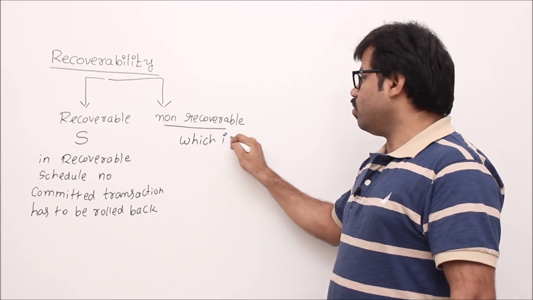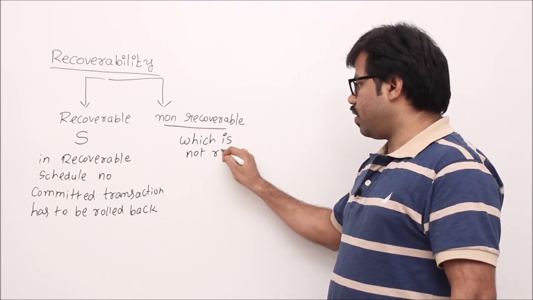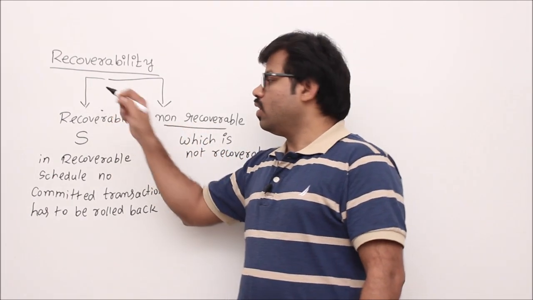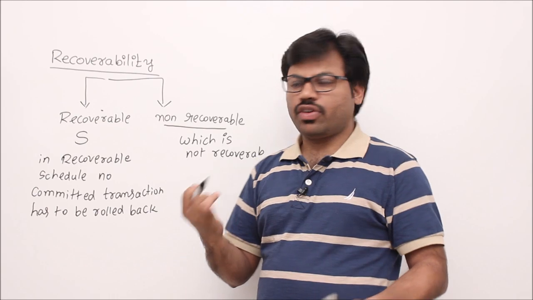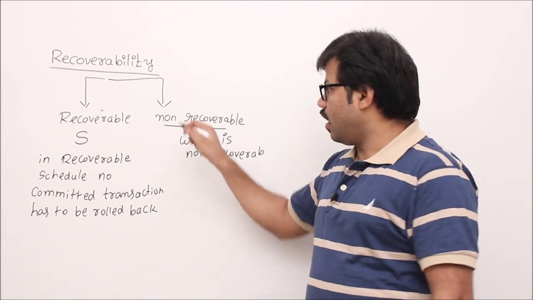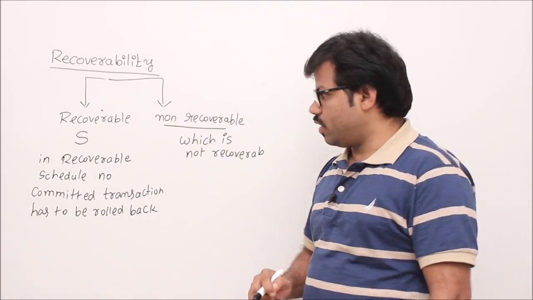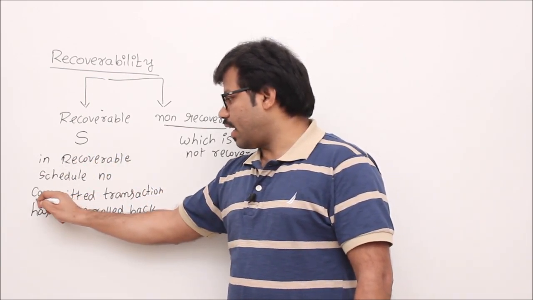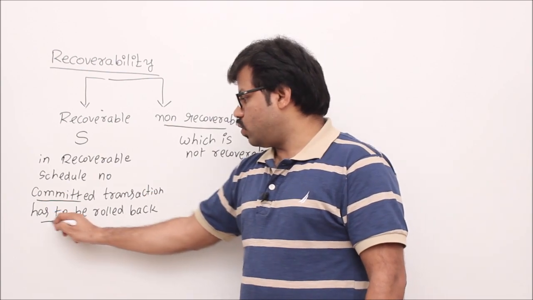It is easy to understand, so let's focus on recoverability. If you understand a recoverable schedule, you automatically understand a non-recoverable schedule. That's why I don't want to bother about non-recoverable schedules. A recoverable schedule is such that no committed transaction in that schedule has to be rolled back.